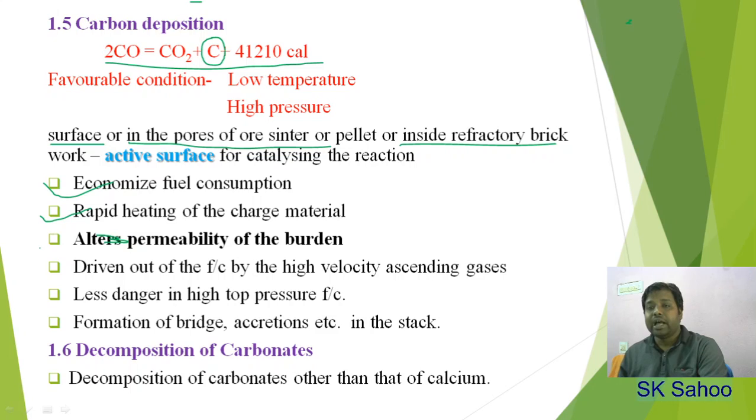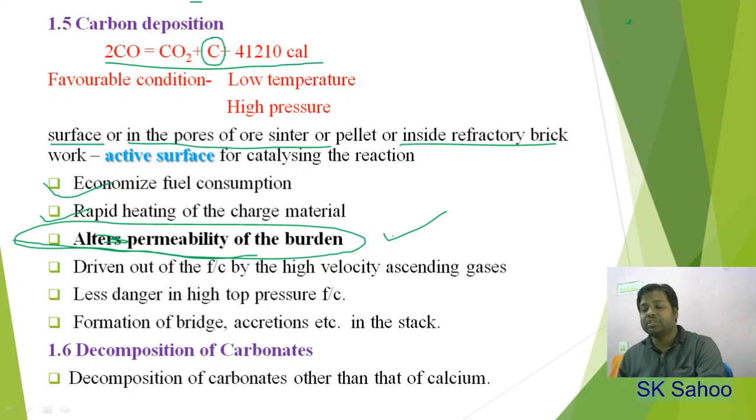And the most important effect is on the permeability of the burden. It alters the permeability of the burden. This is the most important parameter for this carbon deposition reaction. It alters, it doesn't favor or unfavor, that means in both ways it has an effect.